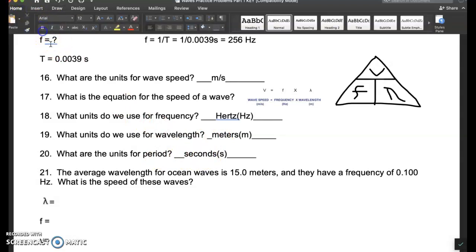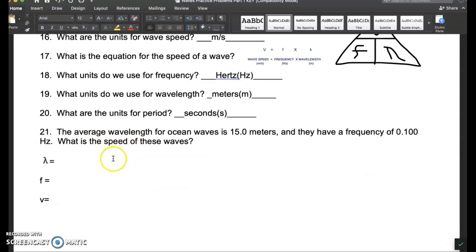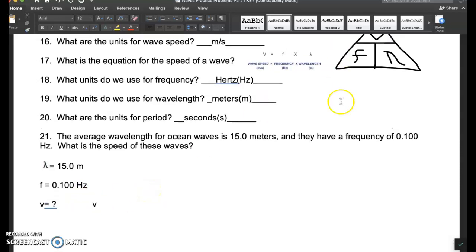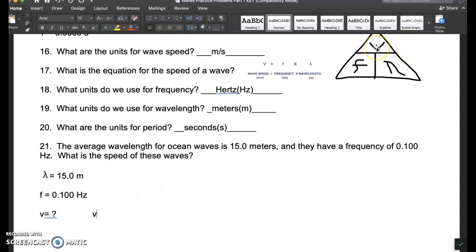So in all of these now, I got wavelength is 15 meters, so that's lambda. And frequency is 0.100 hertz. So it's the wave speed, that's my question mark. So again, I would just go up here and cover it up. Wave speed is equal to frequency times lambda, and I got to copy paste this because there's not a key here.